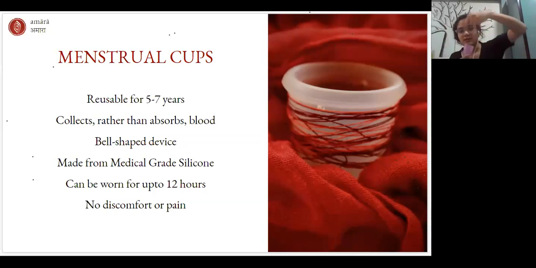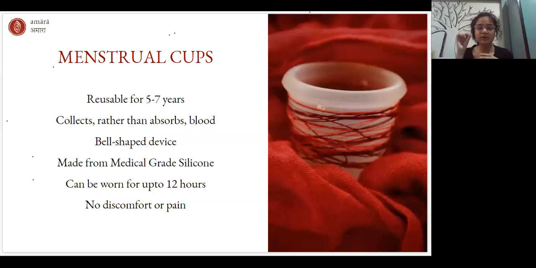So it's basically of this size, and it fits inside your cervix, inside your cup. All the blood gets collected in it, and then you just take the cup out, empty it, wash it and reinsert it. One cup is going to last you for 5 to 7 years. Companies even say 10 years, but that depends on how you take care of it.